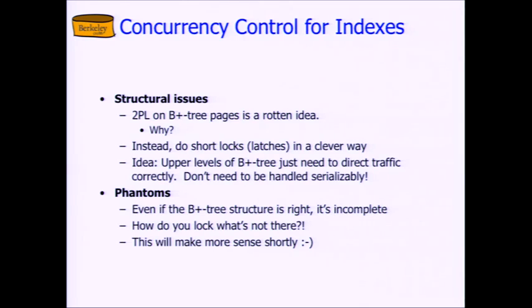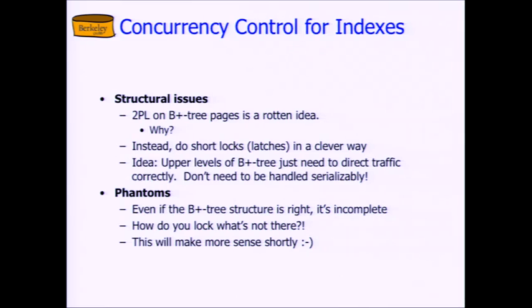Only server code that runs inside the database is ever going to set latches. User-level code doesn't know about latches. So the idea is that we can play some non-serializable tricks with short-term latches on these internal nodes. And that's what the B-link tree that I'm going to show you is going to do. So how can we get the structure to work out even when we're doing fine-grain updates at the leaves? That's the first problem.